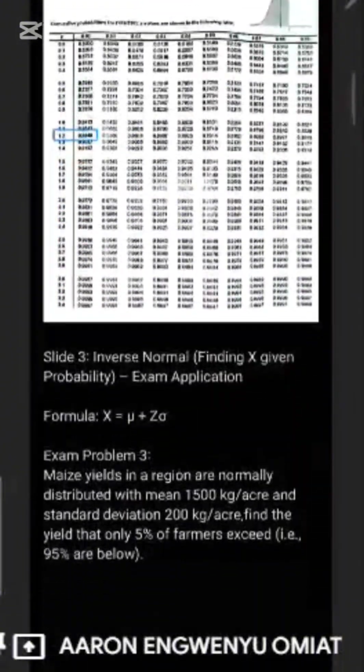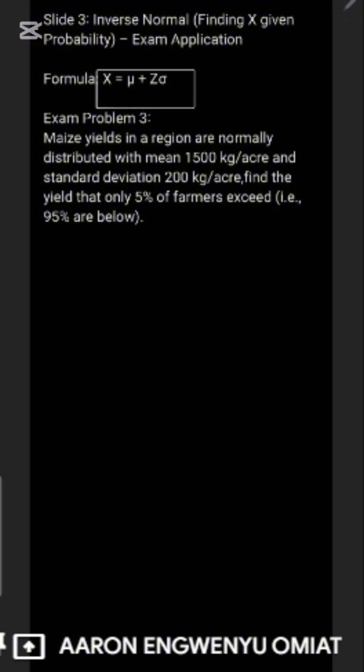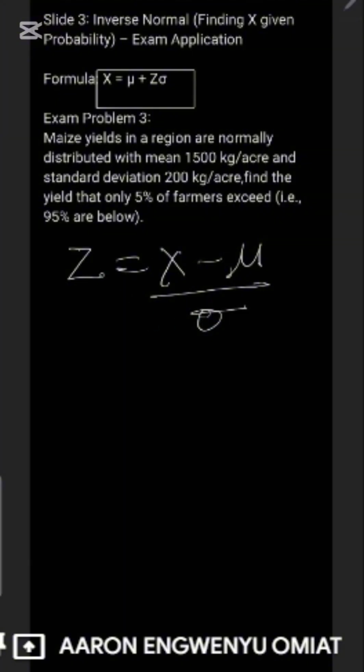Now we are going to look at inverse normal, where we are finding x given the probability. This is the formula we use: x equals mean plus z sigma. How does this come about? Remember, our z score is x minus mean divided by sigma. Making x the subject, z sigma will be x minus mean.